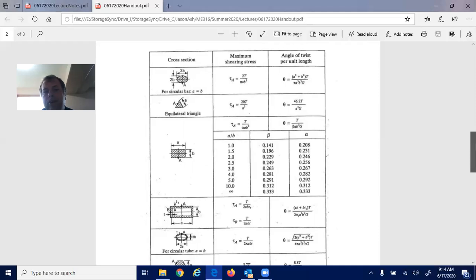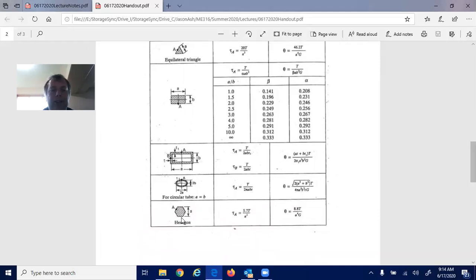As you go down further, you get another solid section, a hexagon. This table provides quite a few options to look at. And then you have some rectangular tubes and elliptical tubes that give you the corresponding shear stress at A, B, and angle of twist per unit length.